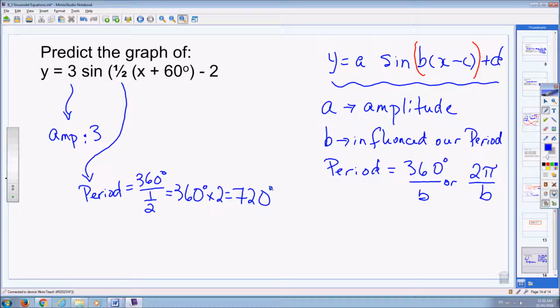C in our form, remember, told us our starting point.